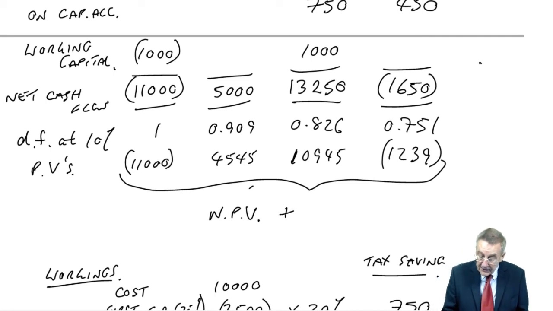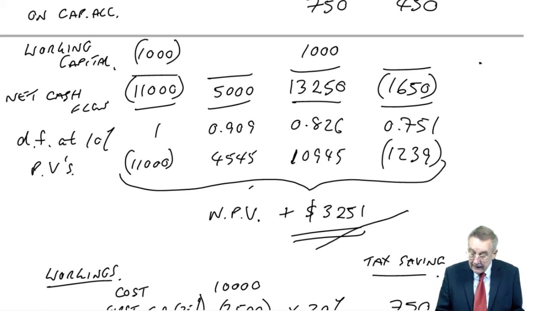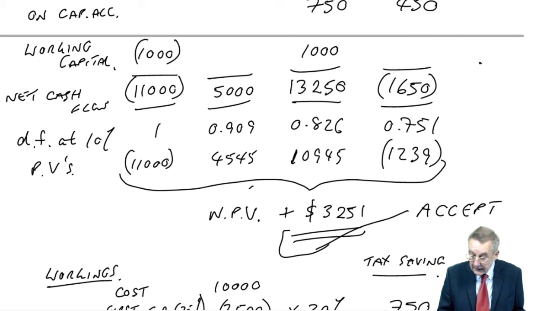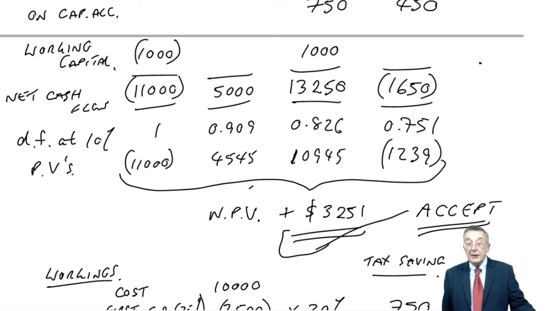I get plus 3251. And of course the fact that it's positive means that we would accept the project. Had the answer been negative, the conclusion would be that we'd reject the project.